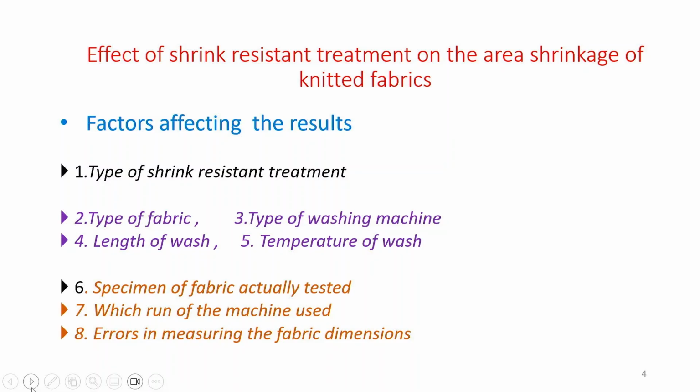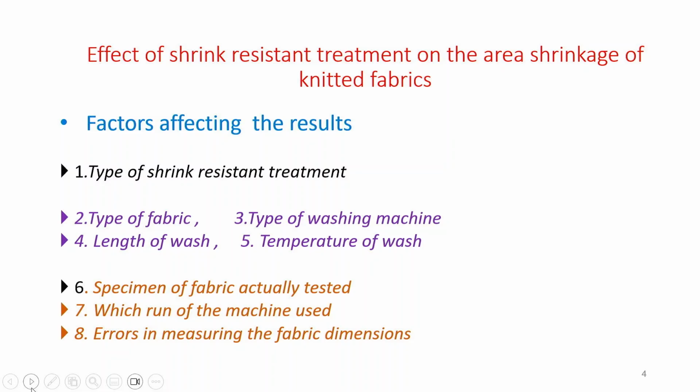The other one is errors in measuring the fabric dimensions. So whether the scale that has been used is correct or not. The other one is knitted fabrics are very stretchable fabrics, they are not very stable.